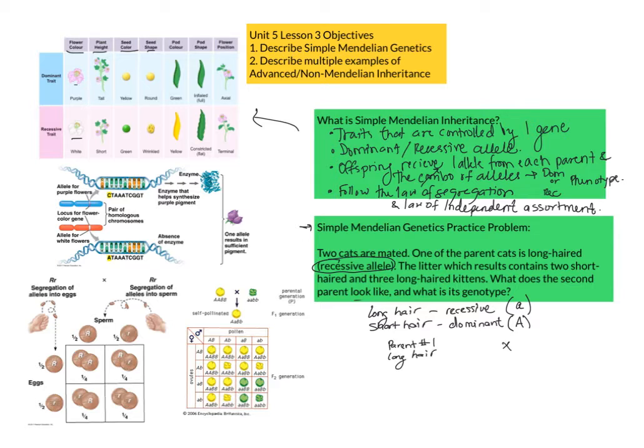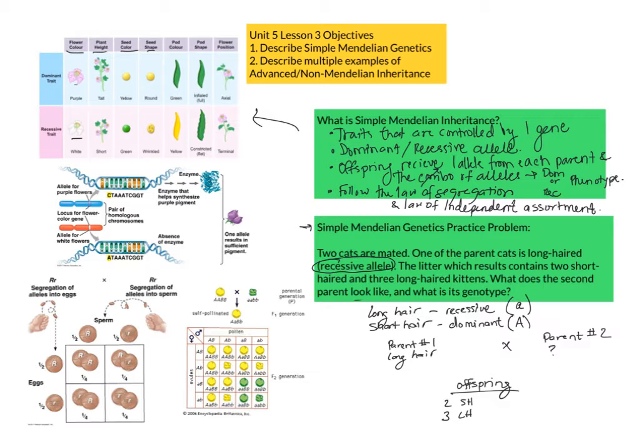and we're trying to determine parent number 2. We don't know the phenotype and we don't know the genotype yet, but we learned that the offspring are 2 short-haired kittens and 3 long-haired kittens.